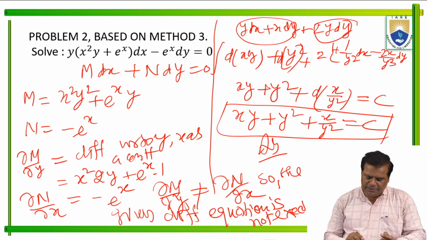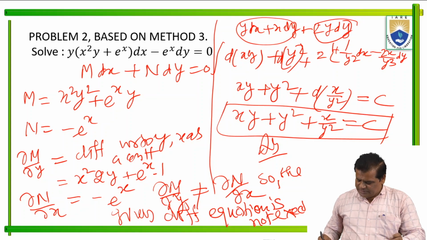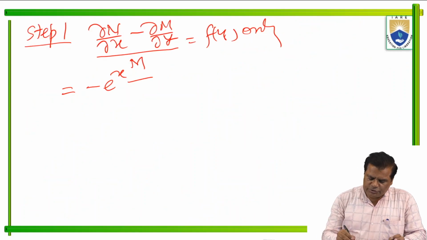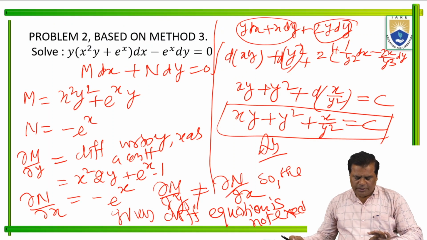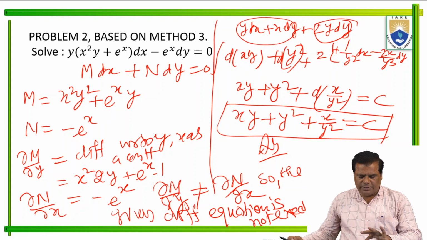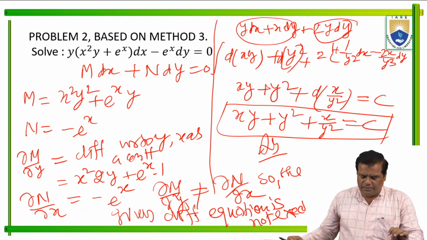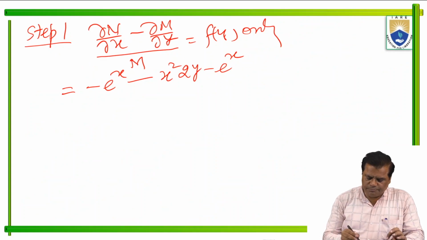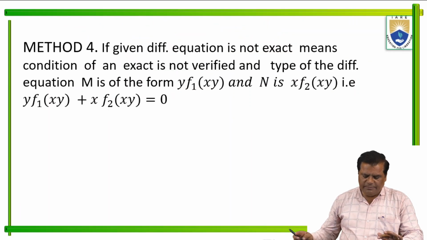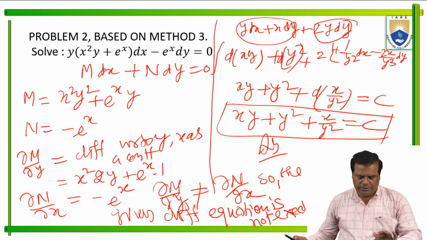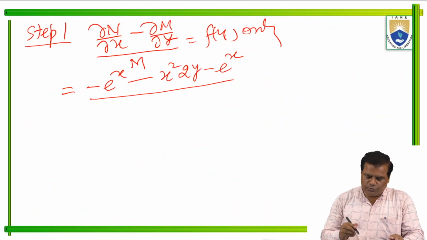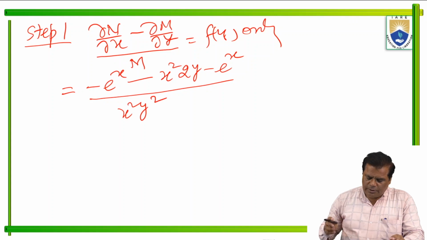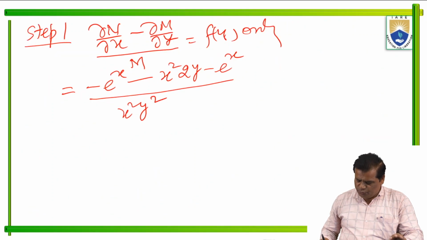Del M over del y means x square 2y plus e to the power x, this is del M over del y. Here upon M, what is M, M is x square y square plus e to the power x y, upon x square y square plus e to the power xy.